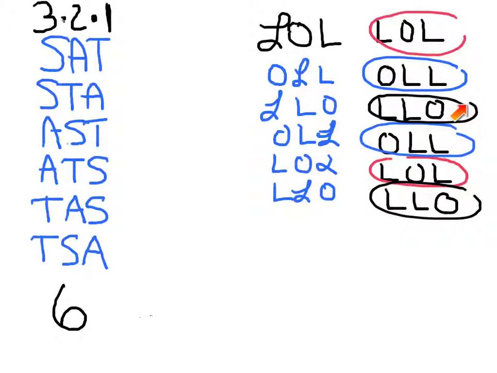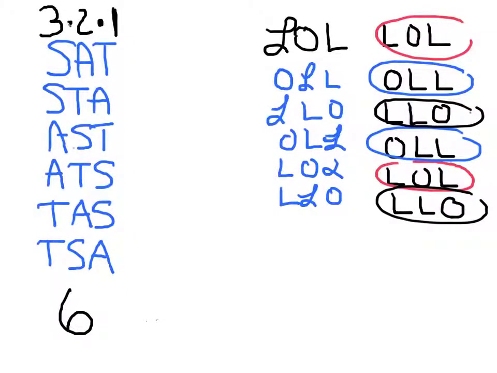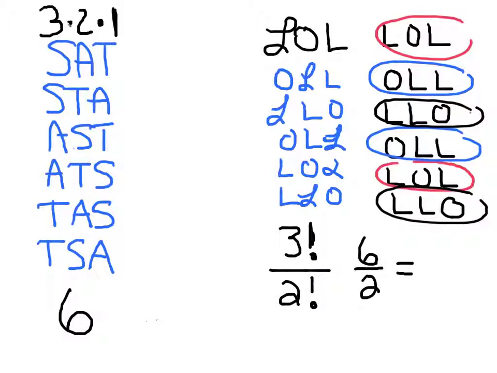So the 3 factorial for the number of combinations has to get divided by 2 factorial for the number of repeats, because the L repeats twice, and 3 factorial over 2 factorial is 6 over 2, which means there's only 3 combinations.